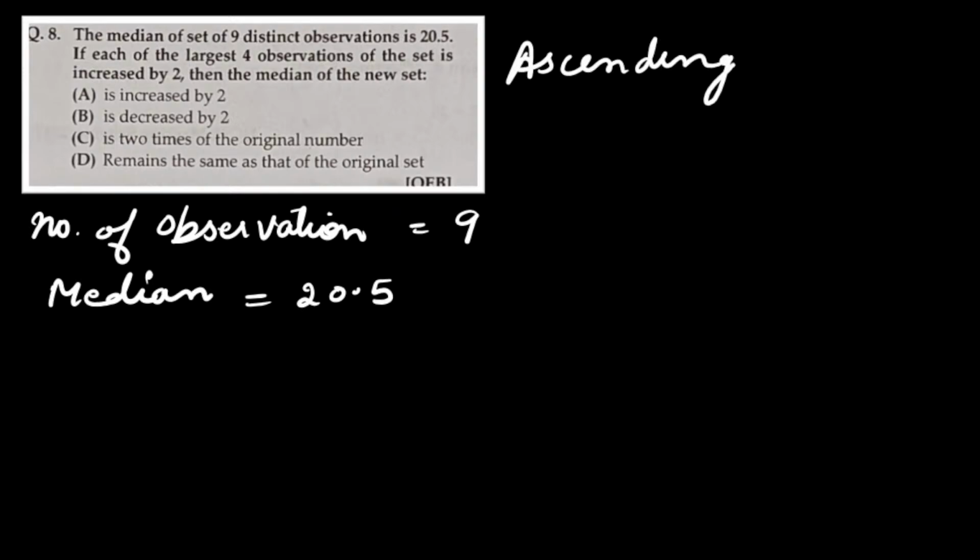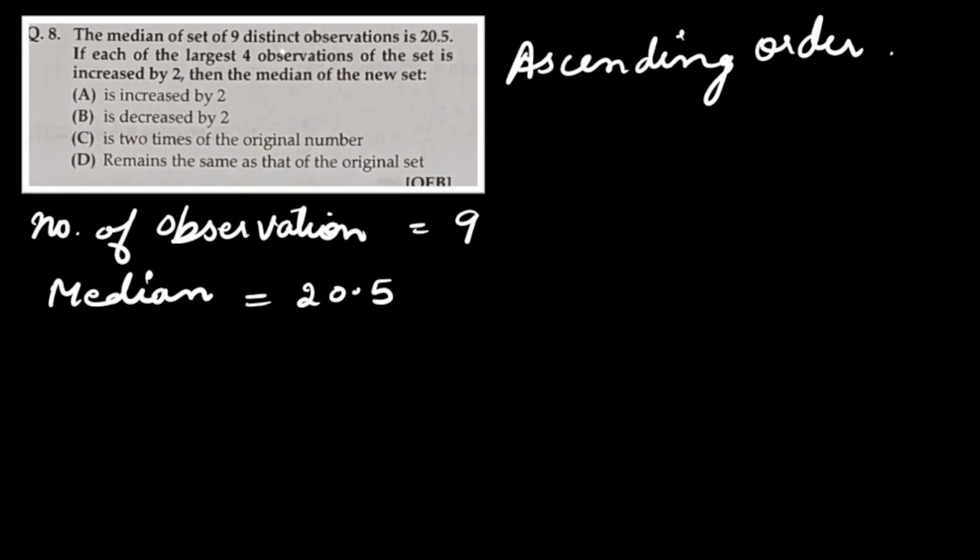If each of the largest 4 observations of the set is increased by 2, median is also given to us, median is equal to 20.5. Now for finding median, earlier also I told you, we arrange the given numbers in ascending order.